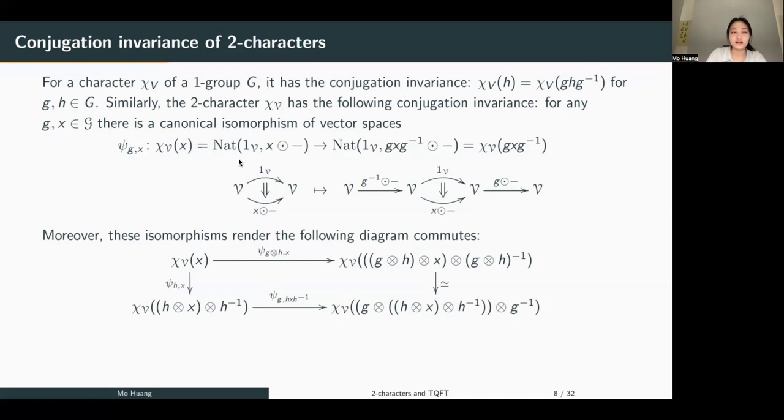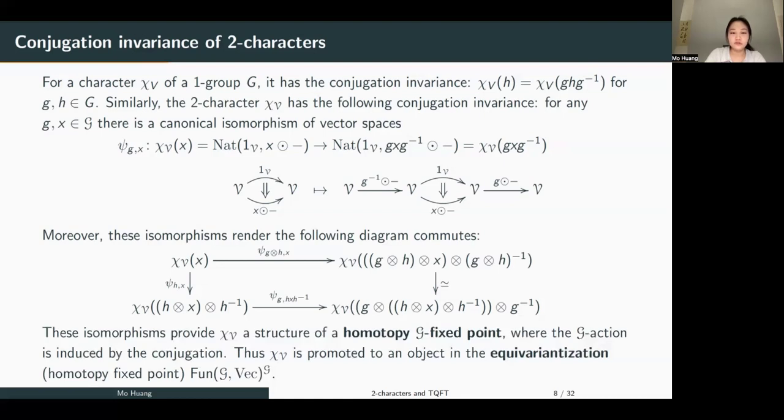We denote it as psi g,x from chi V of x to chi V of g x g inverse by sending this natural transformation to this composition of three natural transformations. Moreover, this isomorphism renders the following diagrams commute.